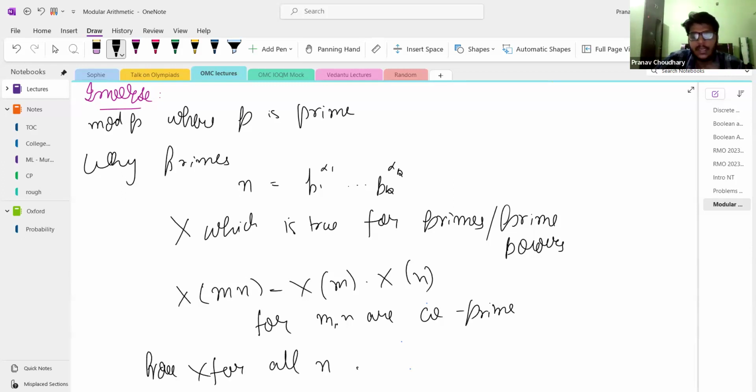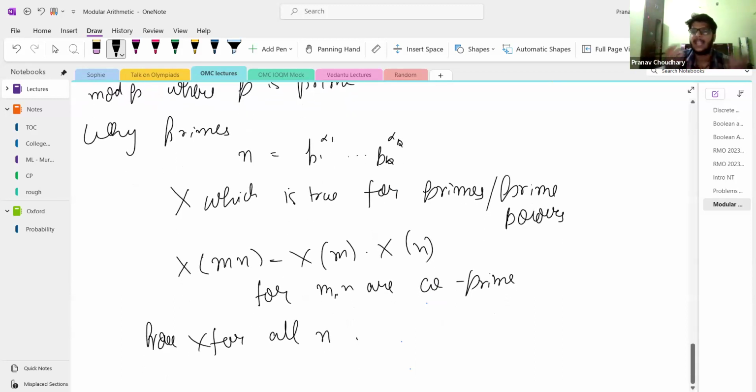If this is not clear right now, in simpler words, what I'm saying is once we prove a particular thing for primes, we can use that to move on to composite numbers using some other information in the problem. We'll see an example of this in the Chinese Remainder Theorem. We'll cover that in the lectures. If you don't understand it right now, it's fine. But the idea is that working with primes is nice, and in number theory, you usually work with primes.